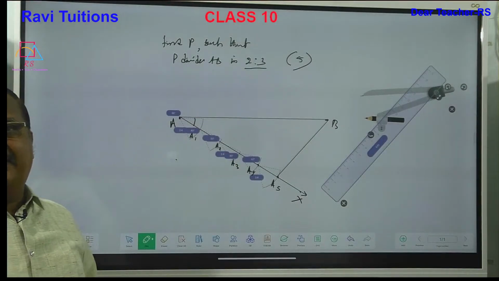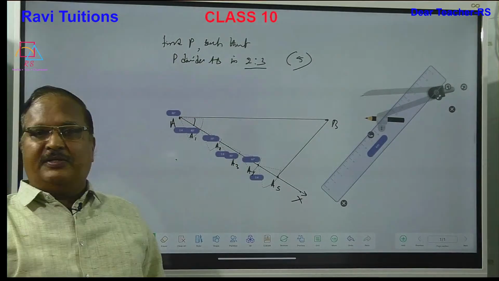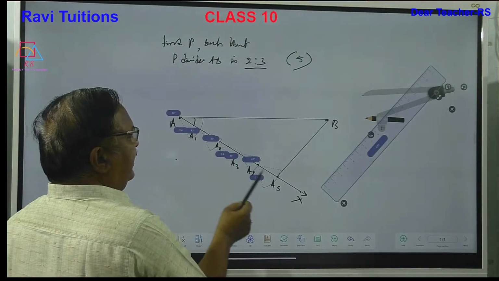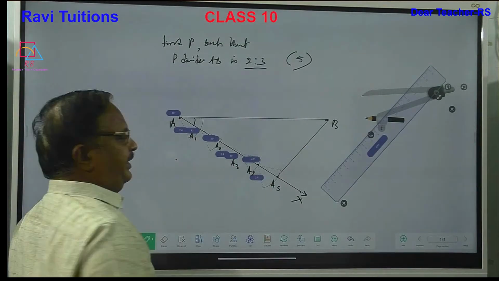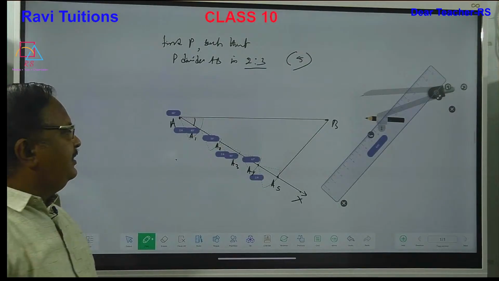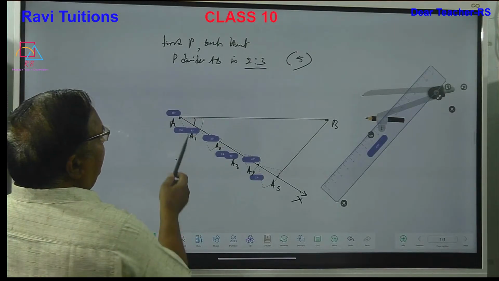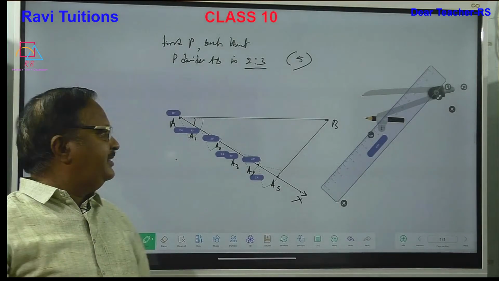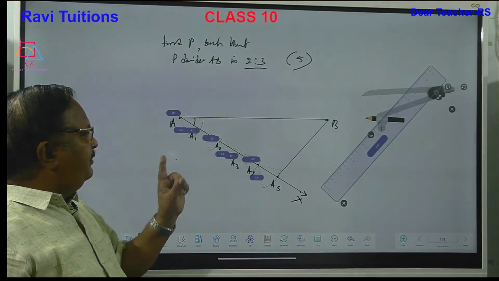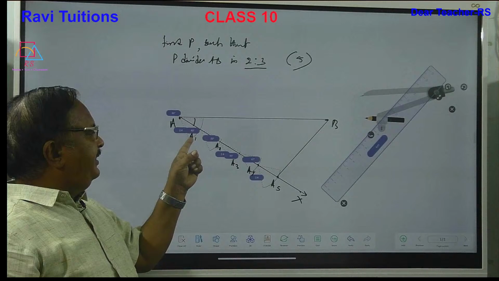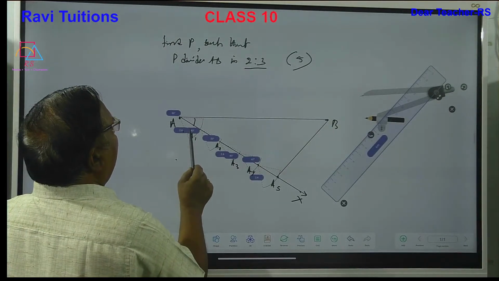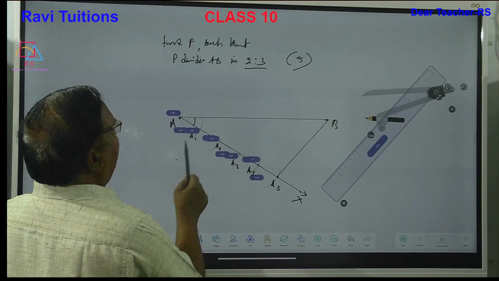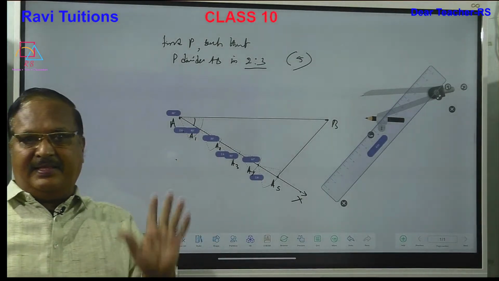Now we have got a triangle A5, B. A5 is already divided into 5 parts. A1 is one part, A1, A2 is one more part, A2, A3 is one more part, like that.